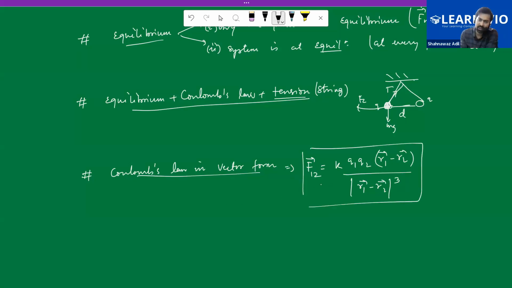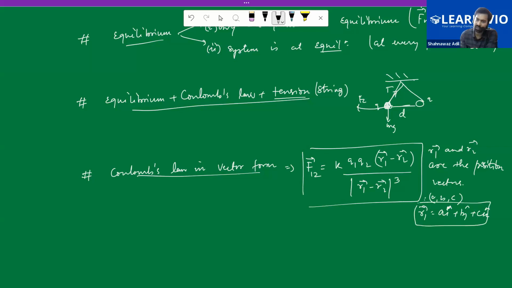So these R1 and R2 are the position vectors. Right, so let's say if you have A, B, and C coordinates, so R1 would be A i hat plus B j hat plus C k hat. So something like that. So we have done some questions based on this.